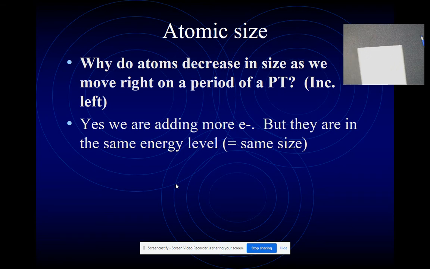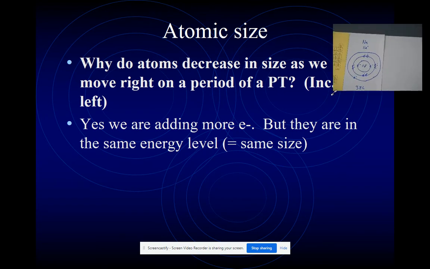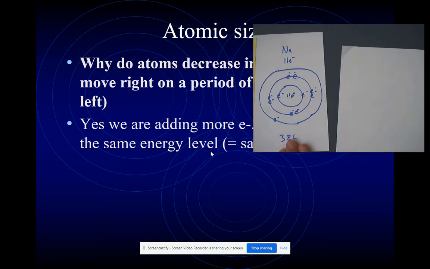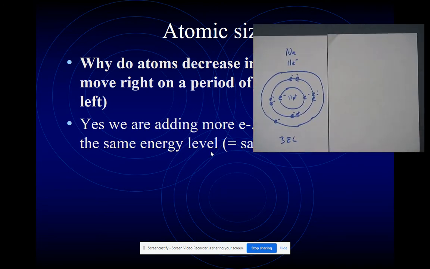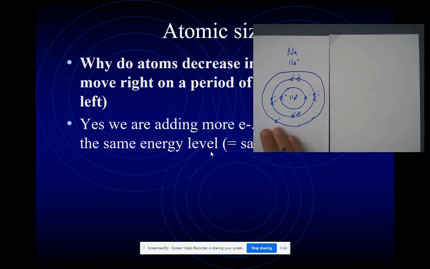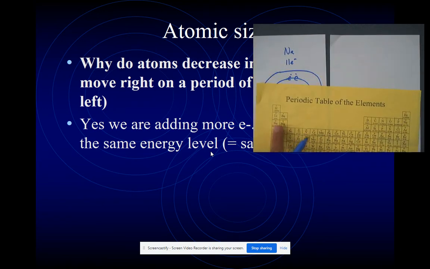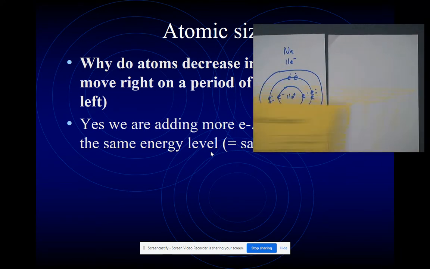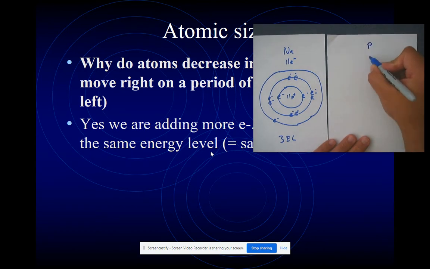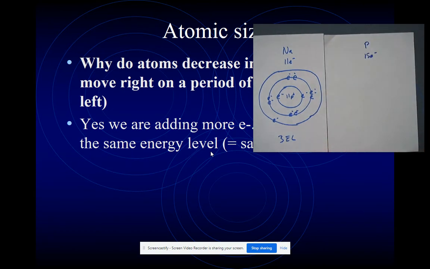Let me give you an example. So I'm going to use my sodium picture here. Let me make this a little bit bigger. So I have my sodium. And then if we were to compare it to another element in the same period, like magnesium, let's use phosphorus. Phosphorus has 15 electrons. And so then we'd have 15 protons and some neutrons in the nucleus. We're not concerned about the neutrons.